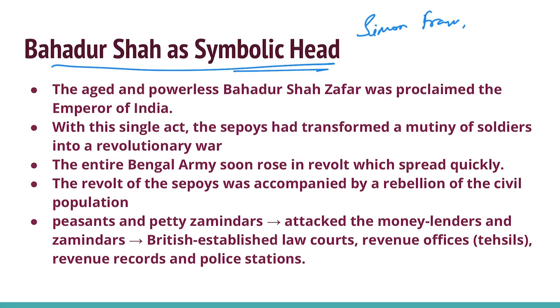With this single act, the sepoys had transformed a mutiny of soldiers into a revolutionary war. The entire Bengal army soon rose in revolt, and this war spread quickly. Once these people reached Delhi, Delhi became the center of the great revolt, and Bahadur Shah was its symbol.